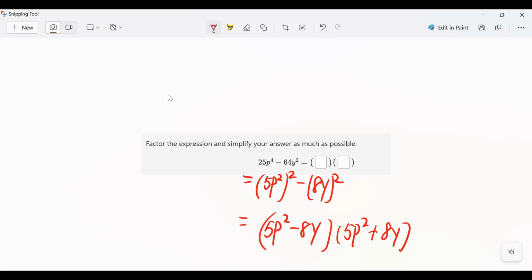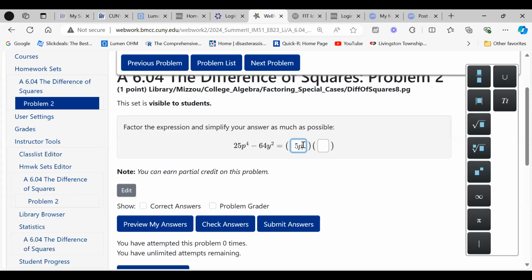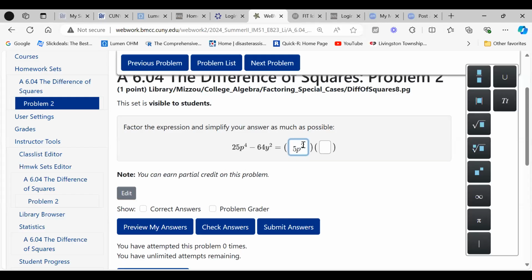Any question about this? The order does not matter. You can write the negative term first or the positive term first. It really doesn't matter.